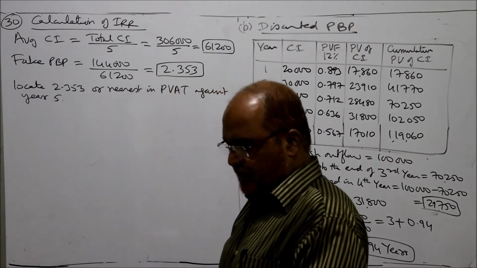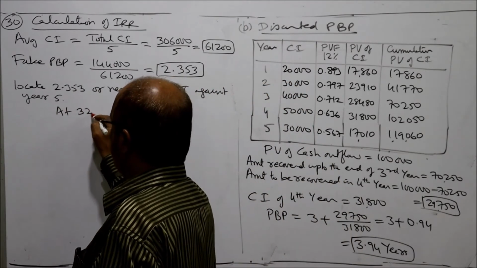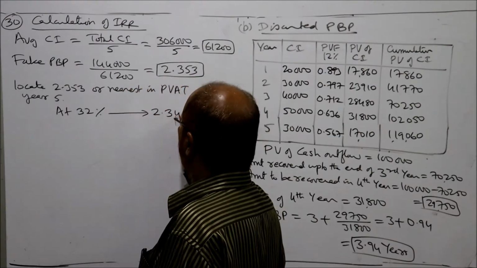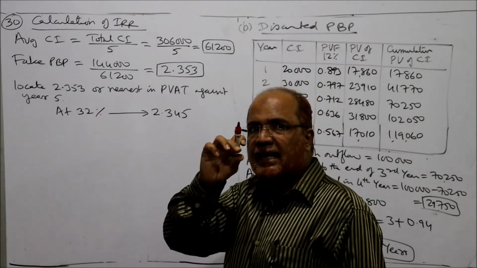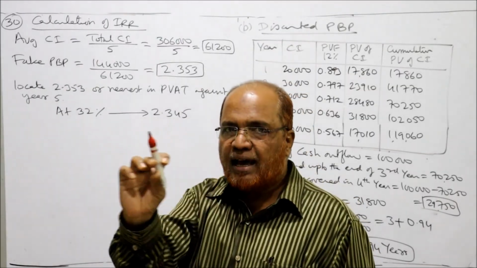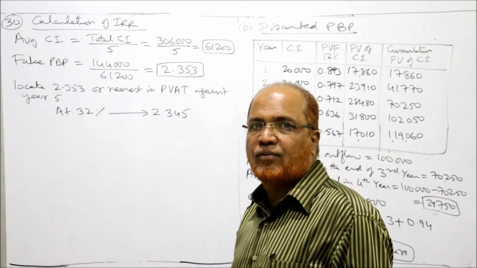Against year 5, what we see is at 32% the factor is 2.345. So look in the 32% column, in the 5th year row, where you are getting 2.345.